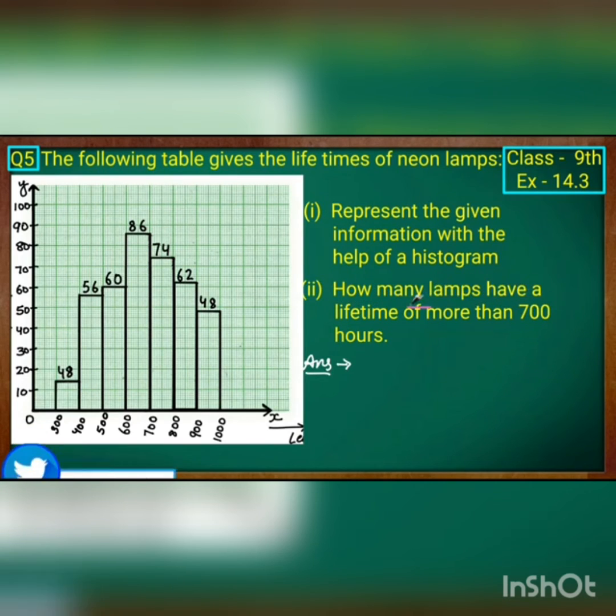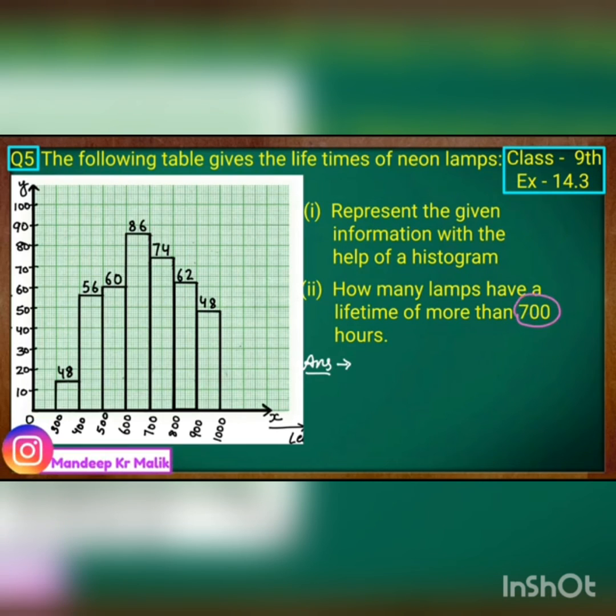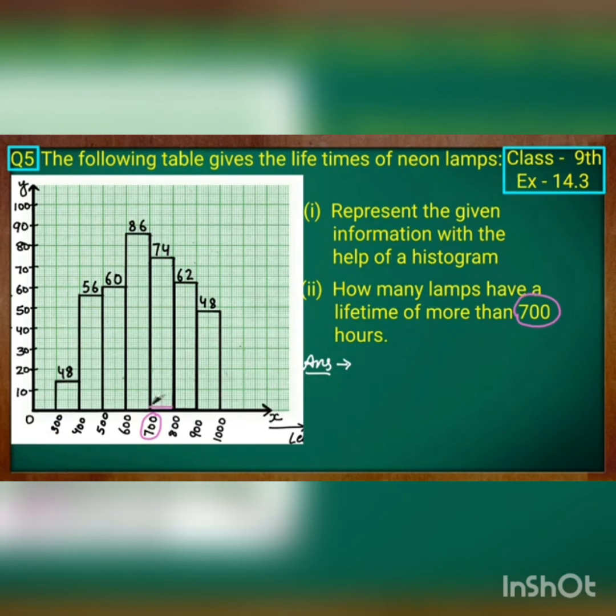Now our next question is how many lamps have a lifetime of more than 700 hours. So we have to add everything which comes in the category of more than 700 hours.